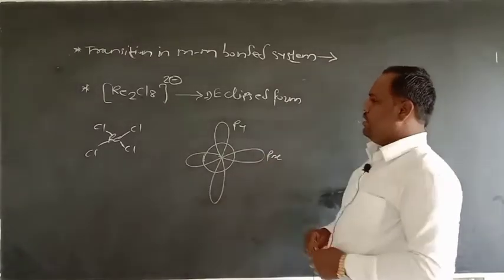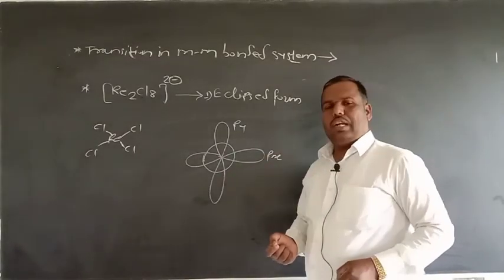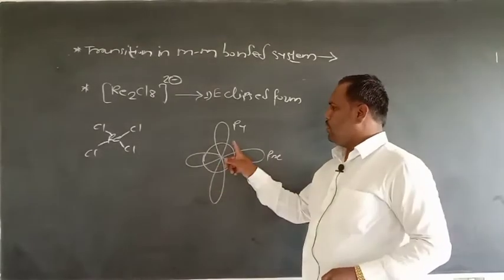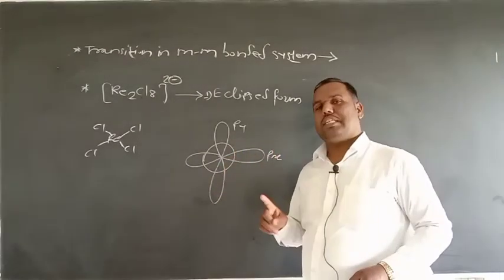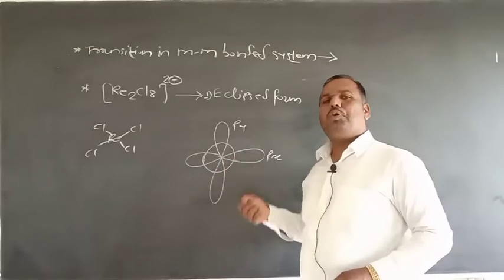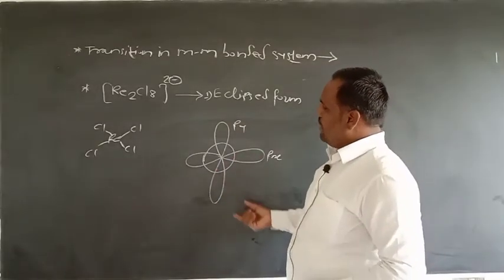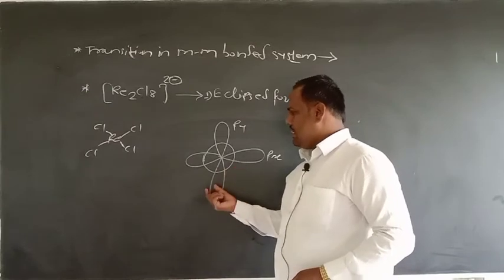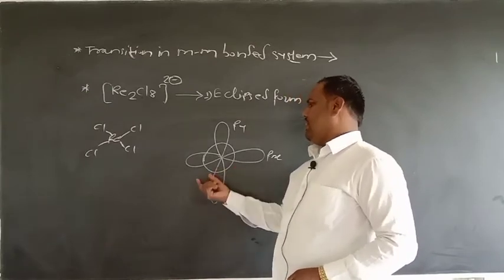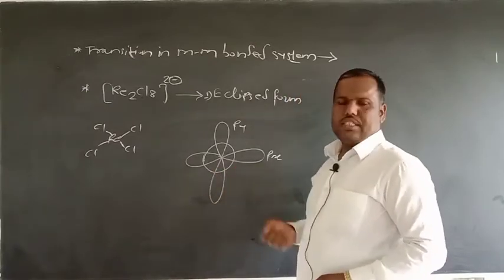And for effective overlapping, one s orbital, two p orbitals, and one d orbital are required for dsp2 or sp2d hybridization. Therefore, which d orbital is required for this hybridization?